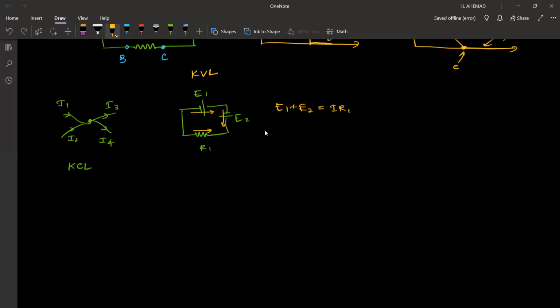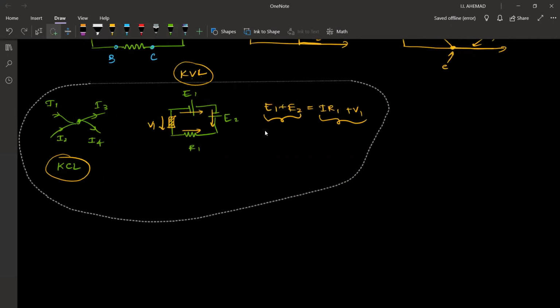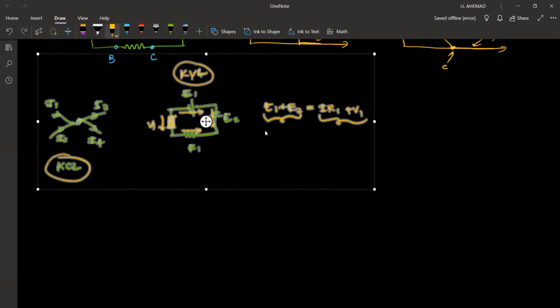If we had another drop, say a load with drop V1, we would add that V1 also. So the sum of the potential rise is equal to the sum of the potential drop. That is KVL, and equating the current is KCL. These are Kirchhoff's laws.